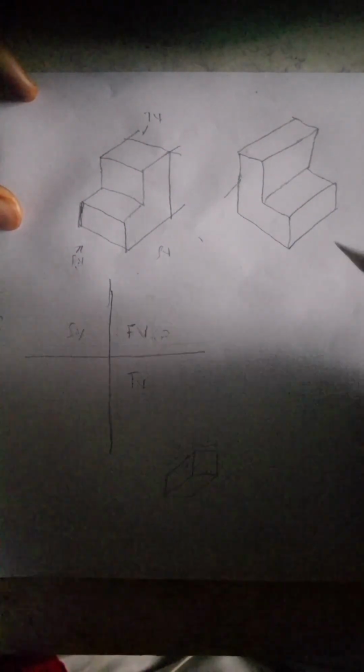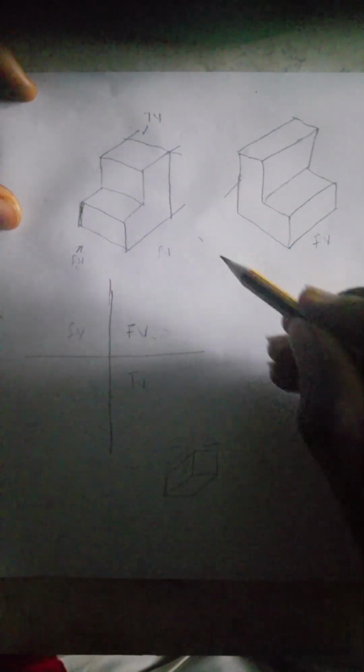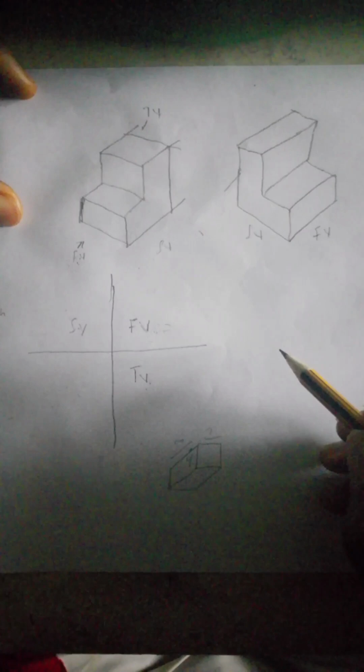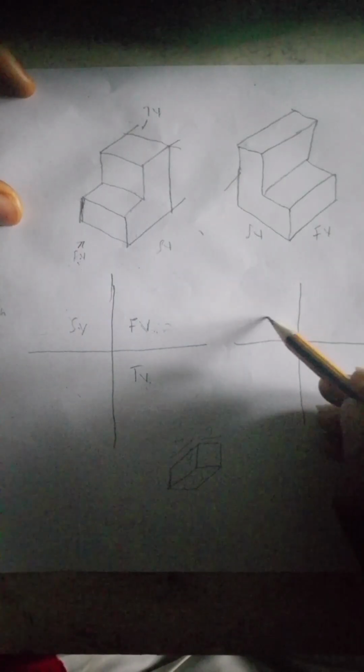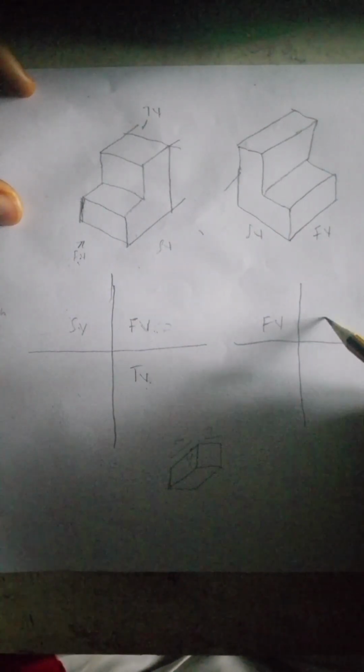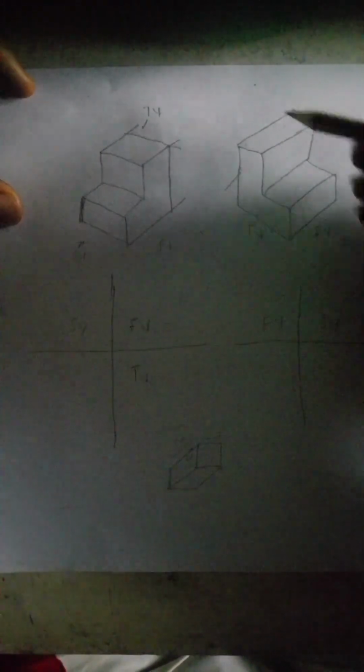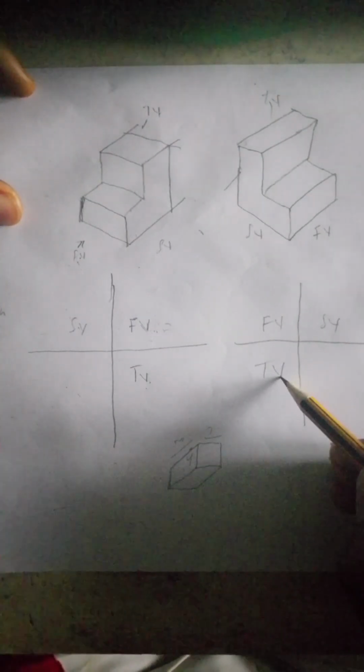Now this is the front view here, and then this is the side view here. So if you have it like this, it will now be what? Your front view will become here, right? Your side view will become here, right? And your top view will become down here. Very simple.